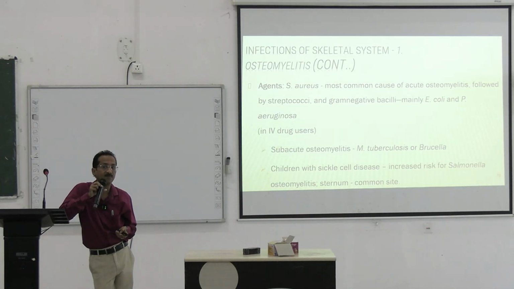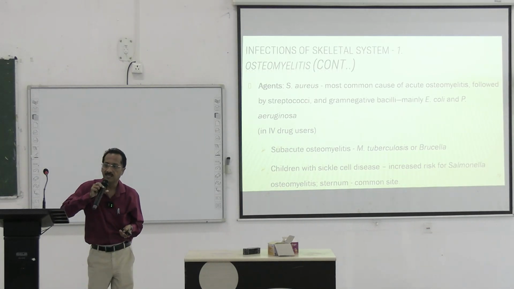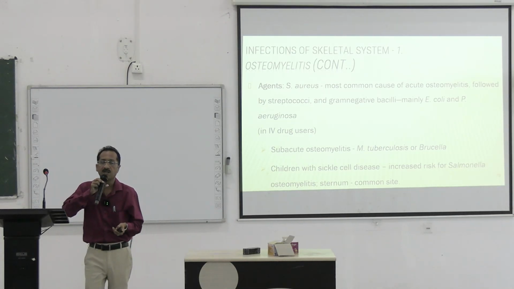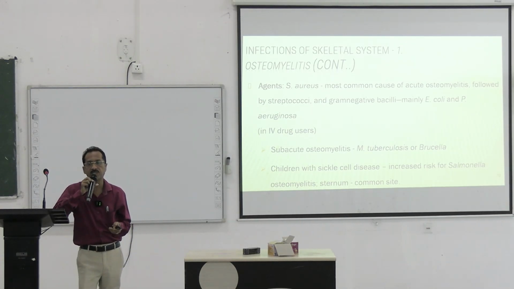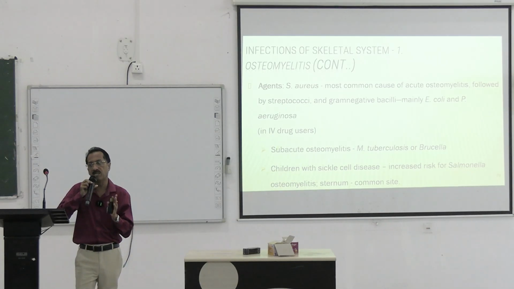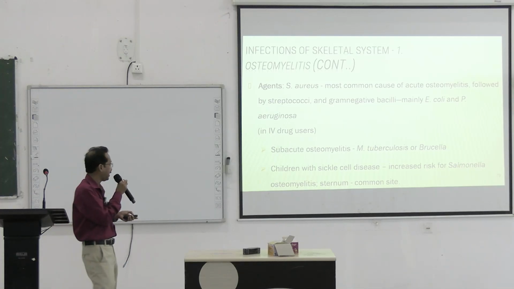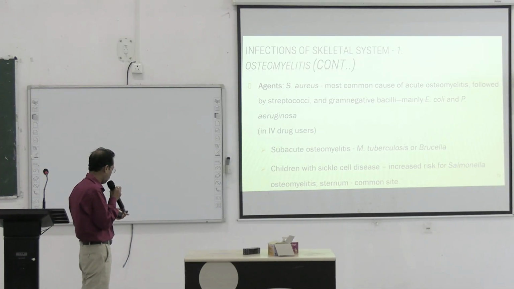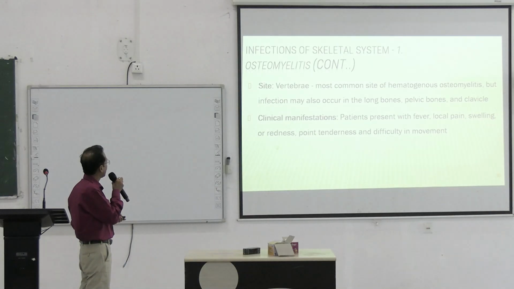Salmonella is the organism which usually causes acute osteomyelitis. Similarly, Pseudomonas usually does not cause pneumonia, but Pseudomonas can cause pneumonia in cystic fibrosis patients. These are a few points that should be known. With sickle cell disease, there is increased risk of Salmonella osteomyelitis, and the sternum is a common site. Vertebra is the most common, by hematogenous spread.